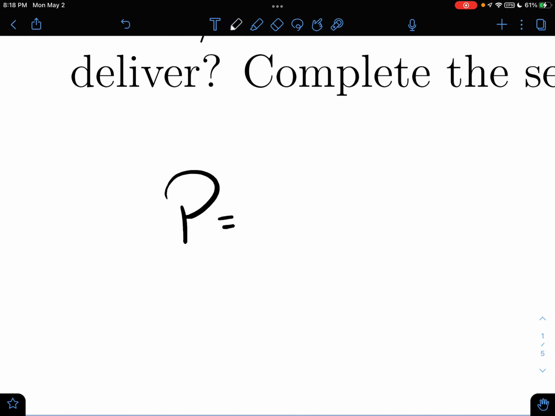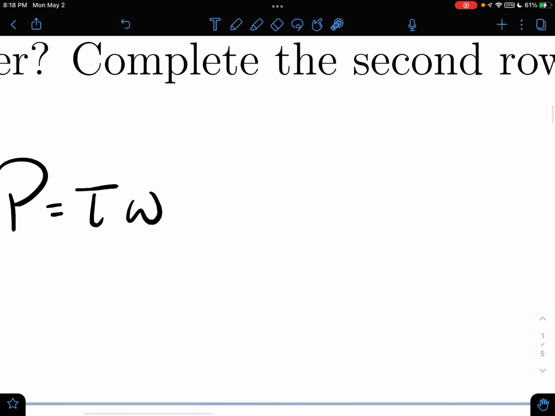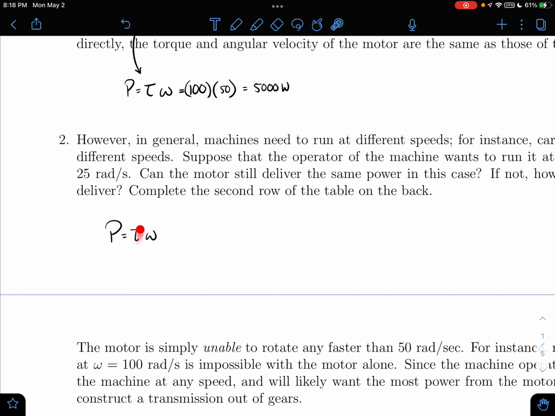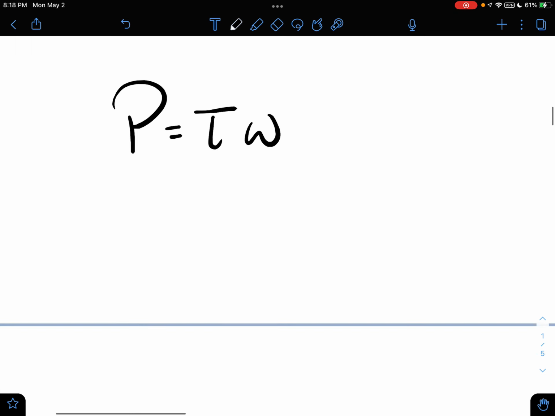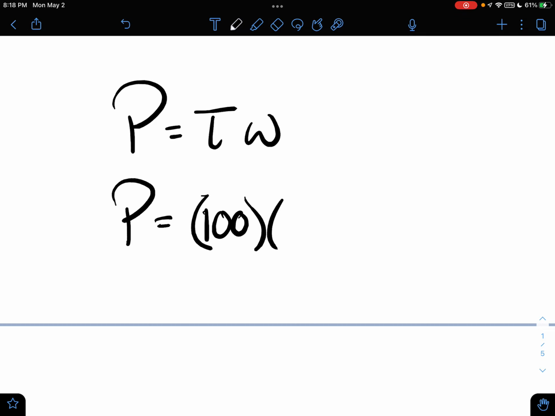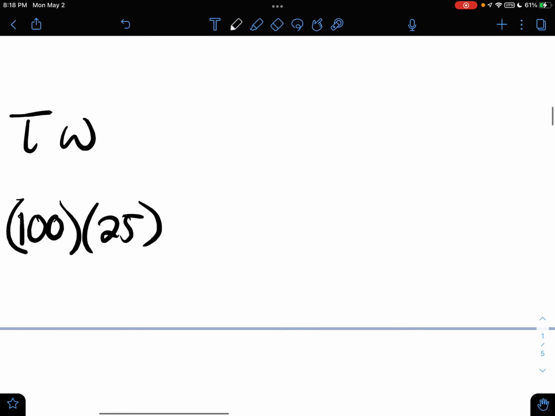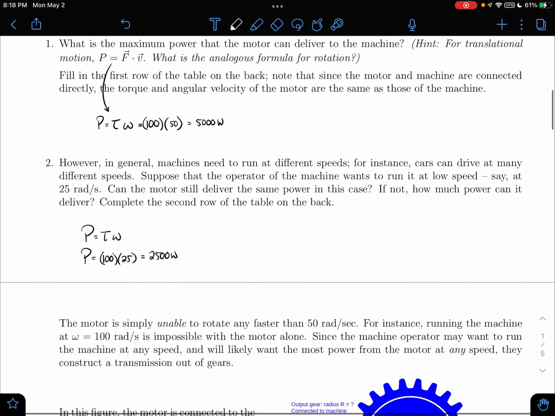Power is our torque times our omega. The maximum power we could deliver in this case would be our maximum torque, but 25 radians per second. So power is going to be 100, our max torque, but this time we're only multiplying by 25, which will give us 2,500 watts.